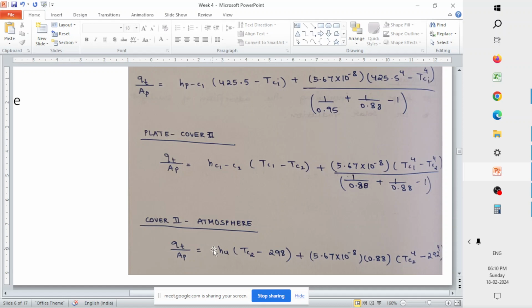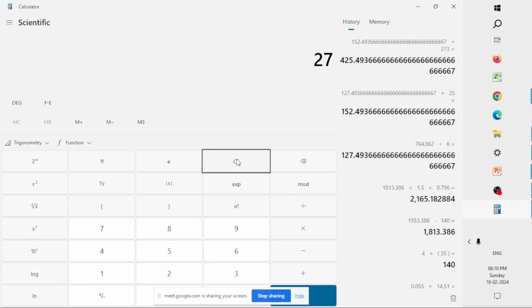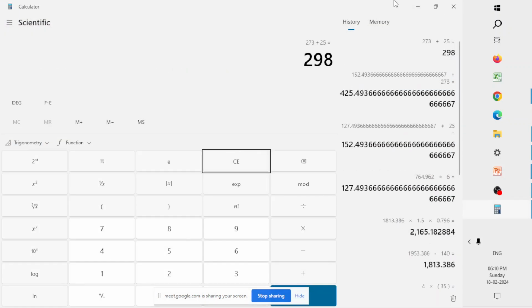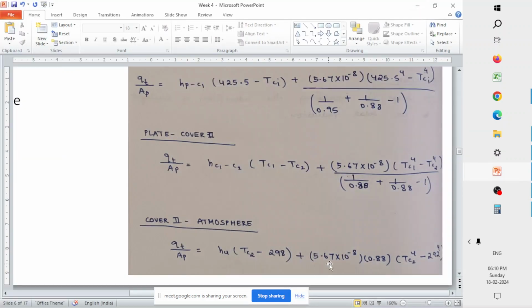Now the radiation is between your atmosphere and cover 2, times (TC2, the temperature of your cover 2, minus 298). The 298 is your ambient temperature, 25 degrees Celsius, represented here in Kelvin, plus 5.67 into 10 power minus 8 into emissivity of your cover 2 times (TC2 whole power 4 minus 292 whole power 4).